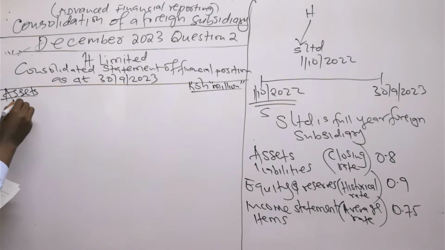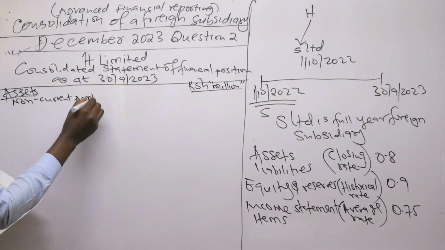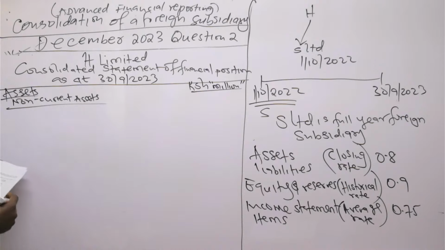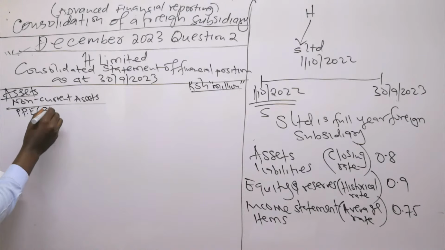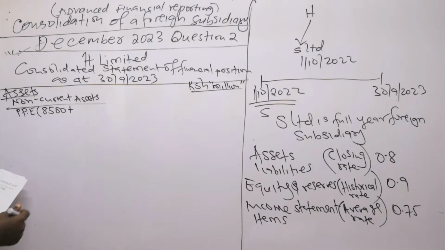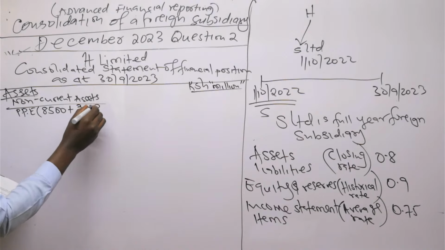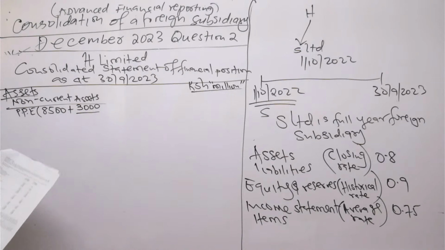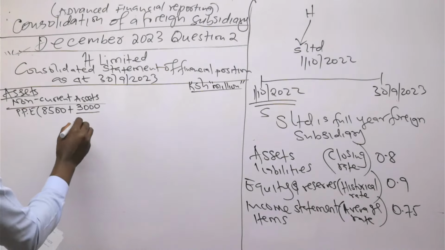Remember we start with non-current assets, so we have the property, plant and equipment, PPE. Parent plus subsidiary: 8,500 plus the subsidiary. But the subsidiary is in a foreign currency, so that is 3,000. I have to divide. This is an asset, so use which rate? 0.8, so I divide by 0.8.